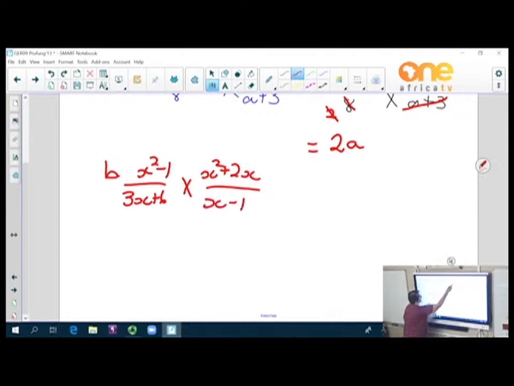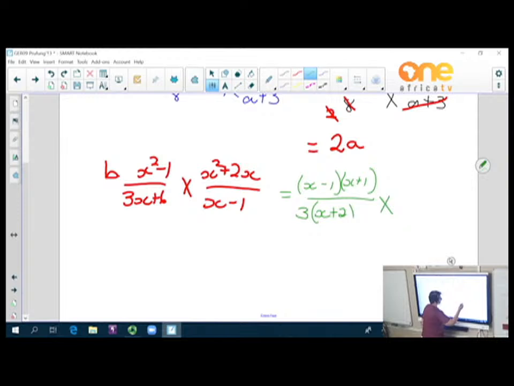I need to factorize first. This is what we've been doing now all the time. We factorize. This is the difference between squares, which means it is x minus 1, x plus 1. This is the highest common factor, so I can take out 3, and then there remains x plus 2. Now we multiply here.